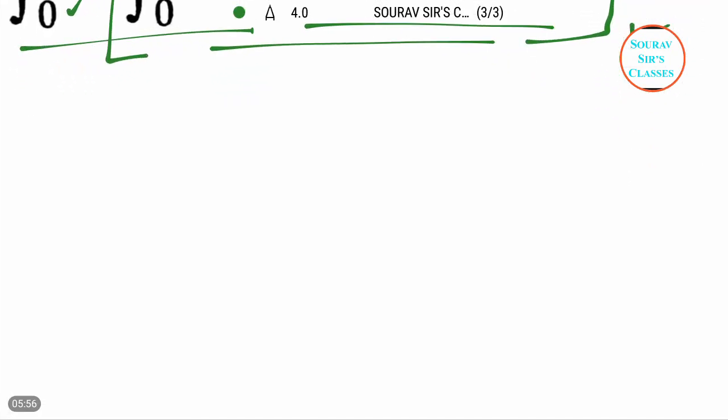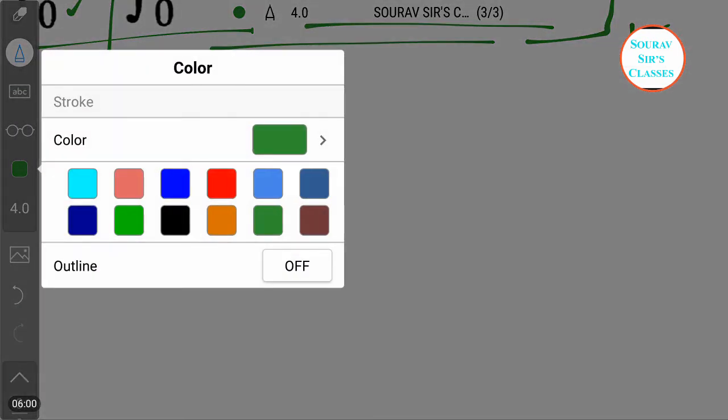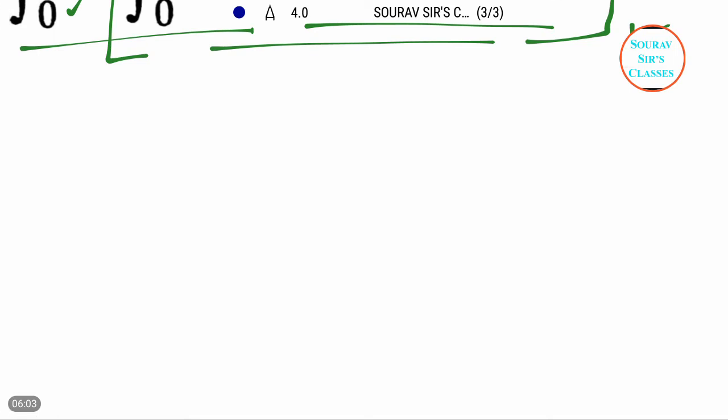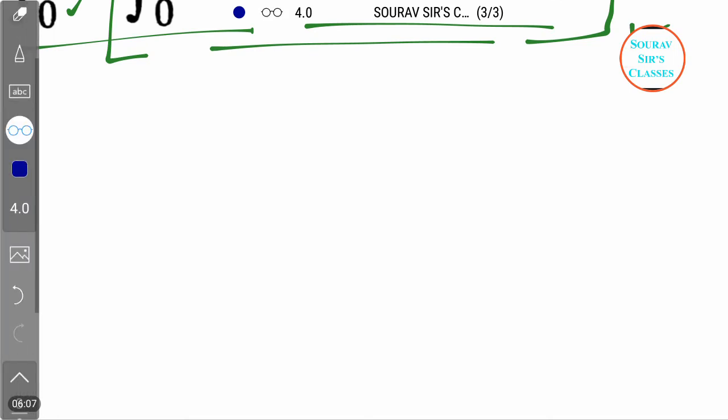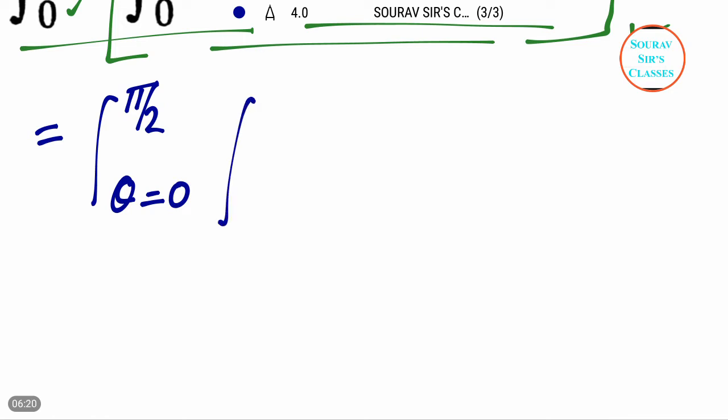Okay, now this is equals to integration with theta from 0 to pi by 2, and again here it was a cos theta, and we can write r is equals to 0.